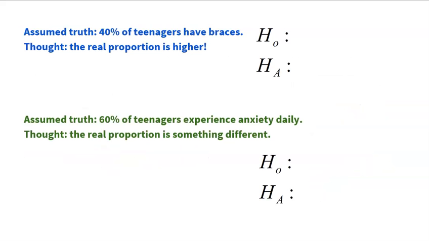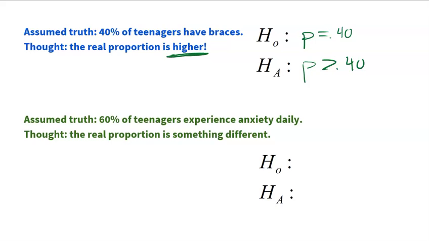Let's actually go and practice this with these two specific examples. I read 40% of teenagers have braces. There's my null. My null hypothesis is that the truth is 40%. The alternative is what I wonder, if it's higher, bigger than 40%. Simple. That's it. That's how easy the null and the alternative hypotheses are.